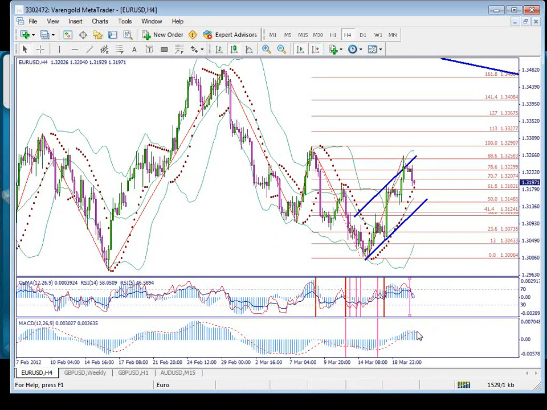If we also have the confirmation from the MACD, it's possible that in a short time we can see a cross of the median line of the Bollinger Band and a downtrend, maybe to the previous level, but this means for a very, very short time.